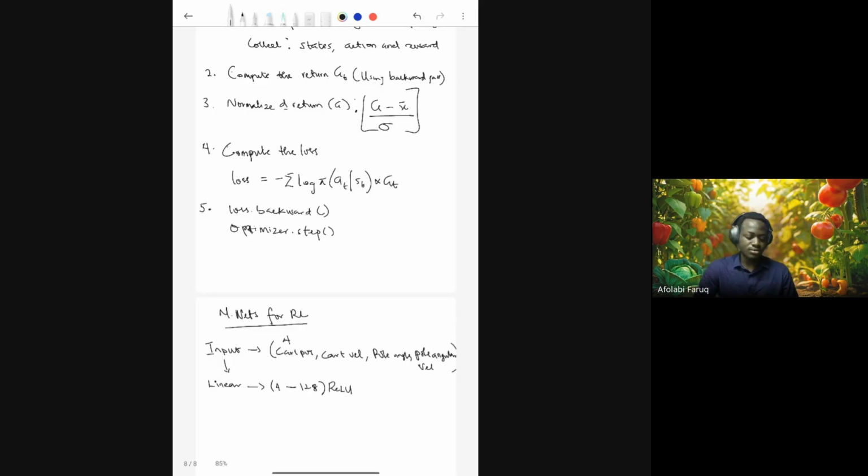Now, what is ReLU? ReLU is a nonlinear transformation or an activation function, often used in the deep layers of a neural network.